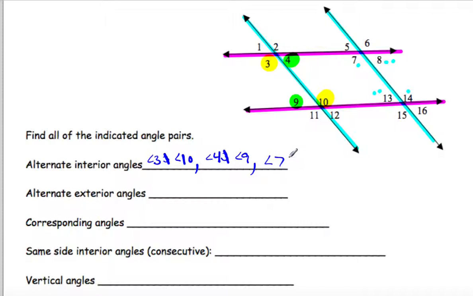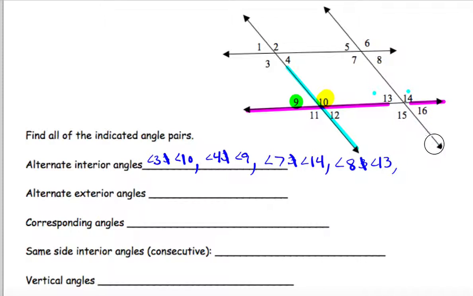Angle 7 and angle 14, and then angle 8 and angle 13. Now there are even more, and I'm just going to write as many as we can fit here.